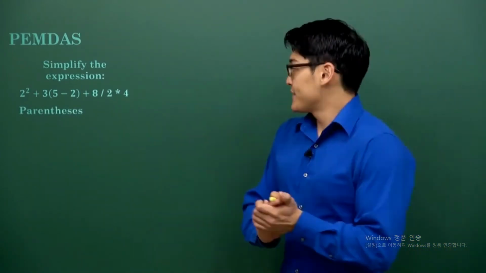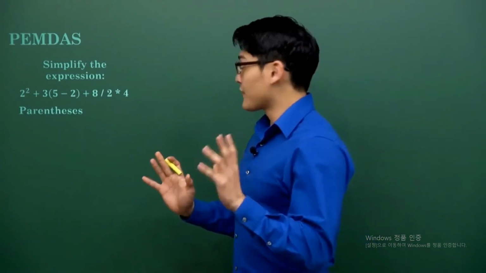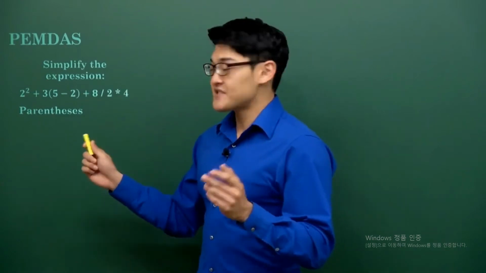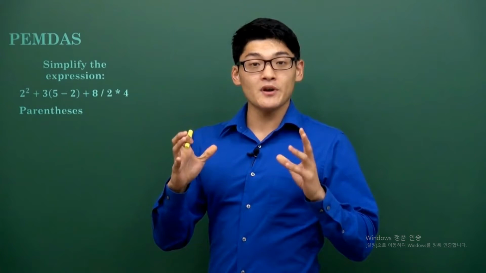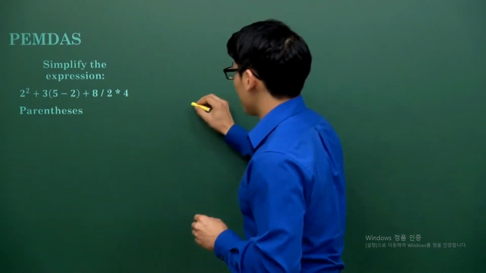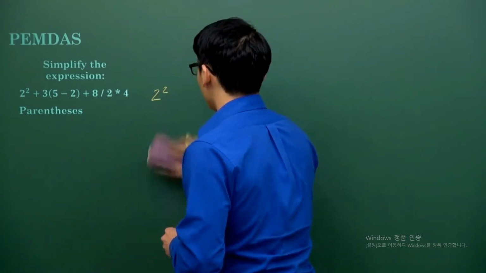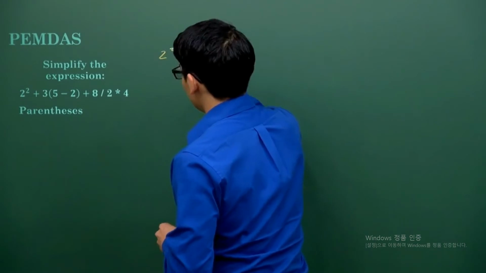In this expression, the first thing we're going to do is everything in the parentheses. And as you see, 5 minus 2 is the only thing in parentheses. So we're just going to go ahead and do that, and that equals 3. So I'm going to go ahead and write this over here just so I can make this really clear.